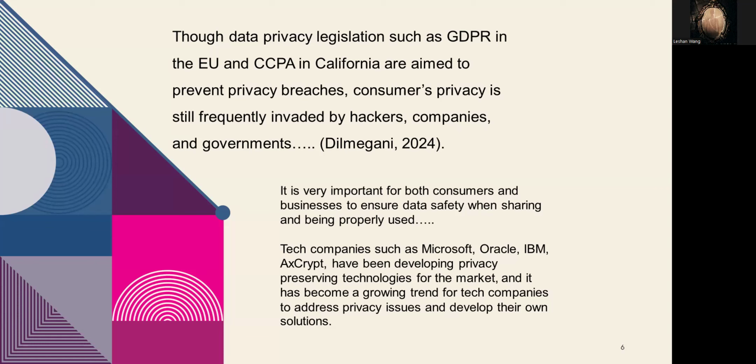Tech companies, big names such as Microsoft, Oracle, and IBM, have been developing privacy preserving technologies for the market for more than a decade. And it has become a growing trend for other tech companies, like smaller ones and startups, to want to develop their own solutions to address privacy issues. So I'd say it's a big market out there.